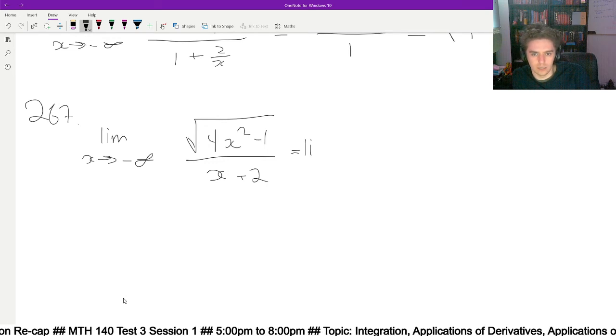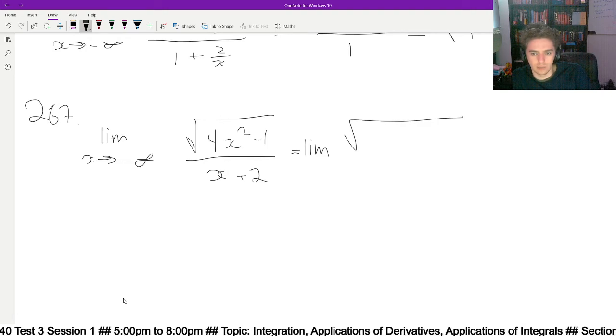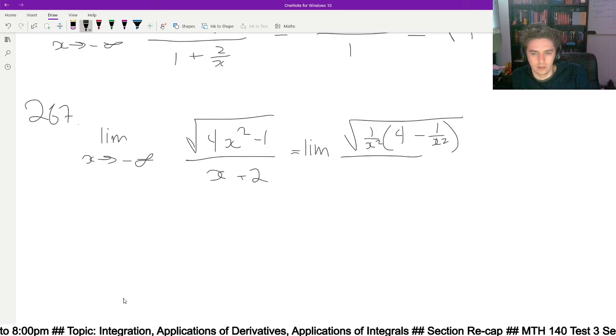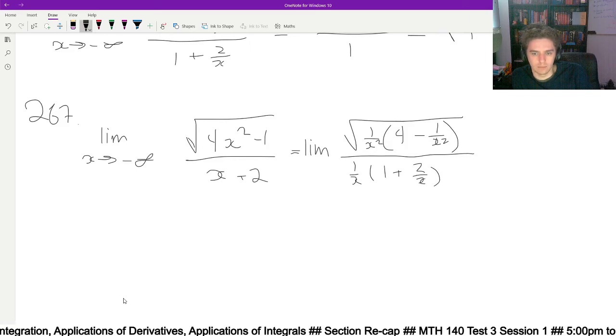So this is equal to the limit, I'll just say limit, but you guys know what I mean, of 1 over x squared times 4 minus 1 over x squared over 1 over x times 1 plus 2 over x. Kind of a backwards way of doing it.